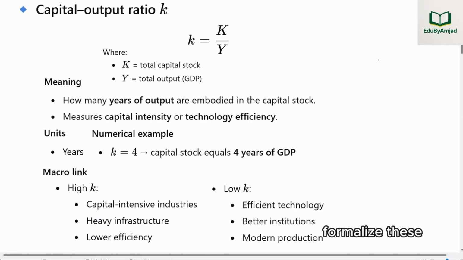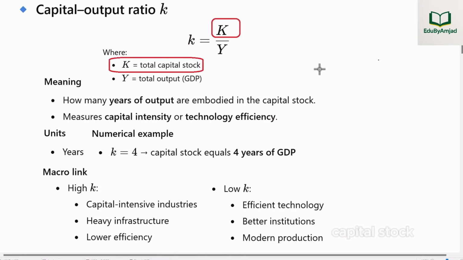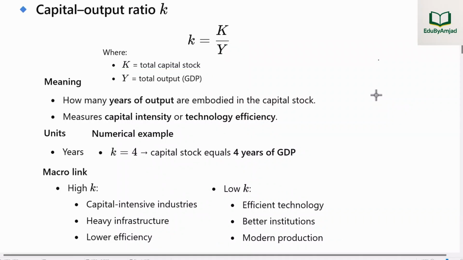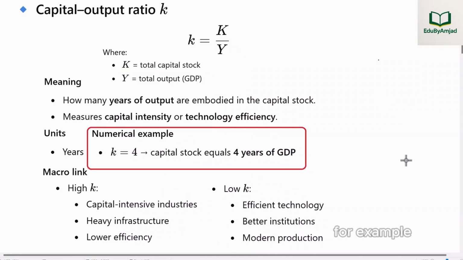We now formalize these ideas using equations. The first and most important parameter to discuss is the capital output ratio. It is defined as the current capital stock divided by the current annual output of the economy. For example, if this ratio equals 4, it means the existing capital stock is equal to 4 times the economy's current annual output, or 4 times its gross domestic product, GDP.